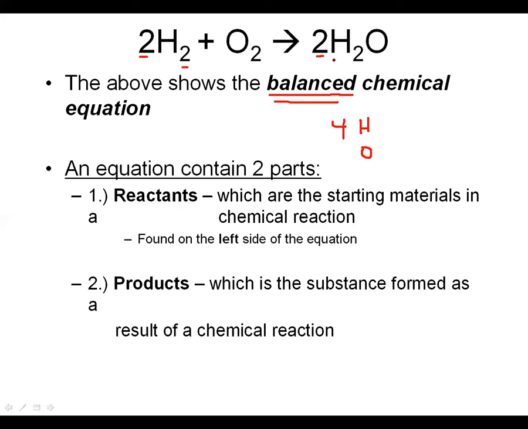On the right-hand side, there is 2 times 2, which is 4 hydrogens. On the left-hand side, there are 2 oxygens. On the right-hand side, there is 2 times 1, which means 2 oxygens. So it is balanced, and that's what we expect based on conservation of mass.